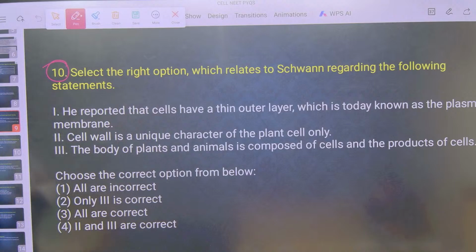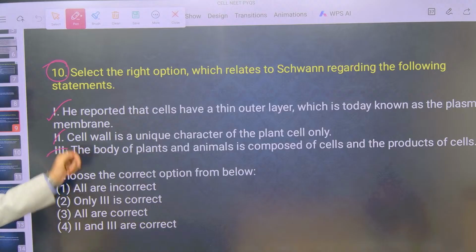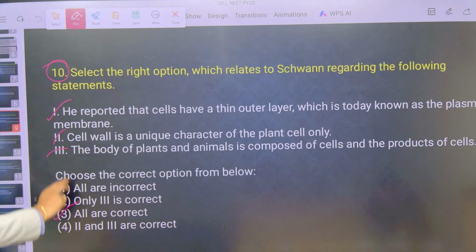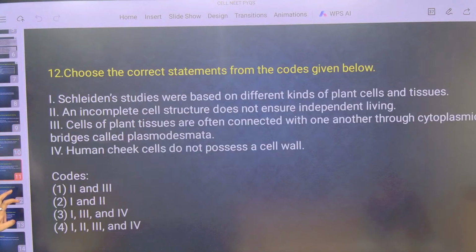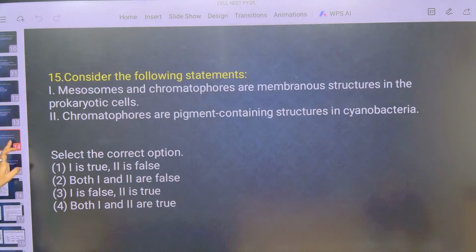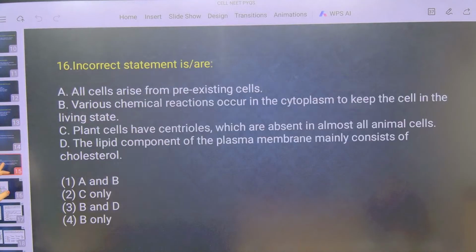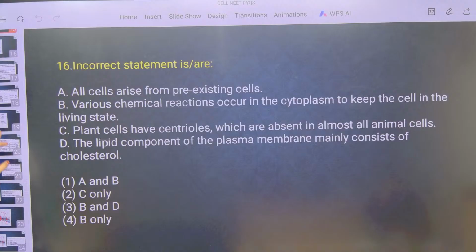He reported that cells have a thin outer layer which is today known as what? Plasma membrane. Cell wall is unique to the plant cell. Yes. The body of plants and animals are composed of cells and products of cells. All the statements are correct. Next. This is also on cell theory. Try to answer this question.